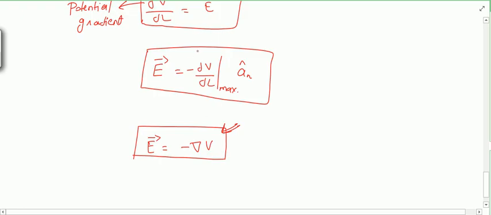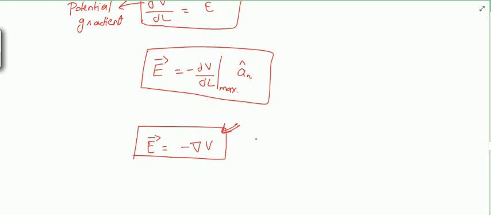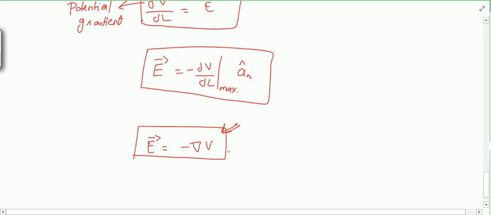As we have found out, electric field is nothing but the potential gradient. So you can directly apply this equation, as it is giving the maximum rate of change of potential with respect to distance.